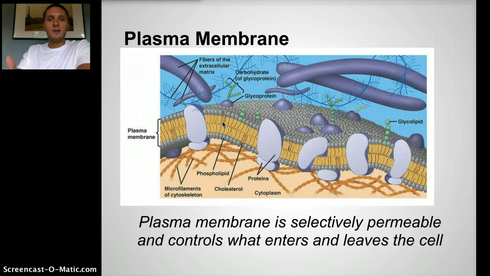And then model, we use models to help represent or to get an idea of what this actually looks like in real life. The plasma membrane is selectively permeable, and that means it is able to determine what goes in or out of the cell. Selectively meaning it's kind of choosy, permeable meaning it controls what enters and leaves the cell.